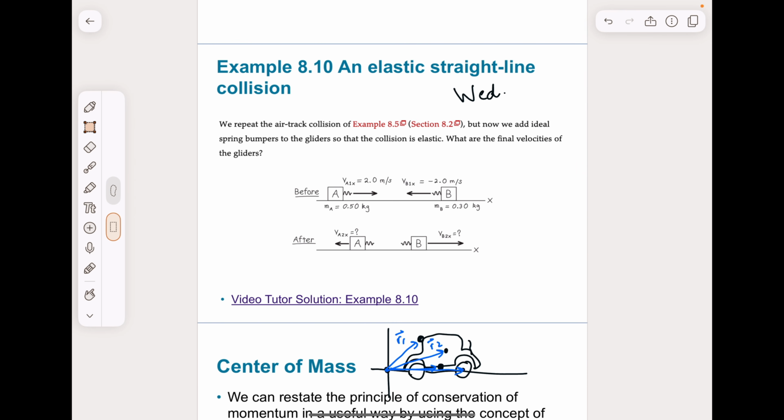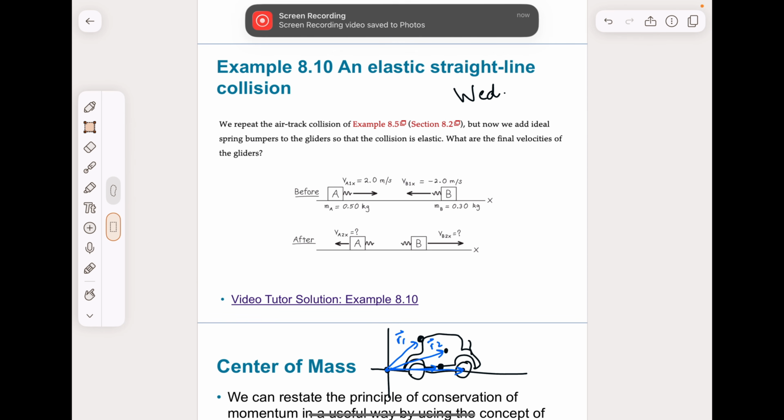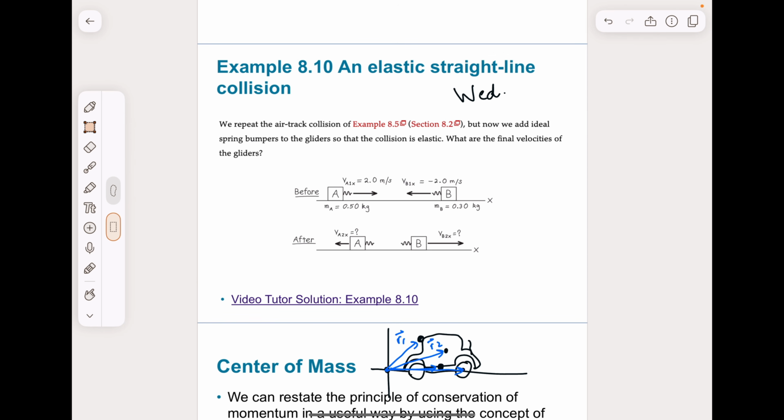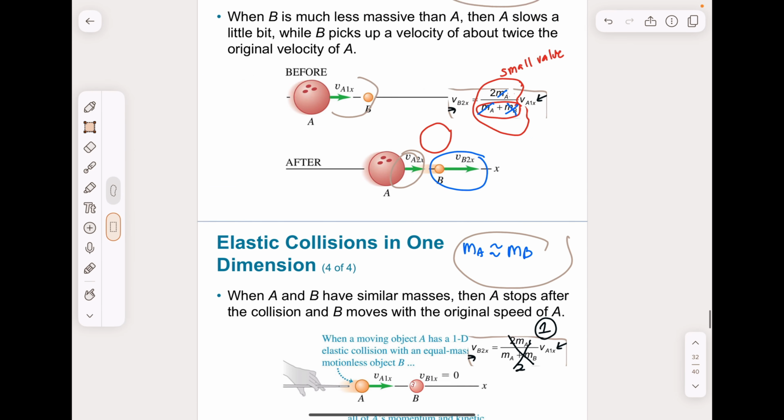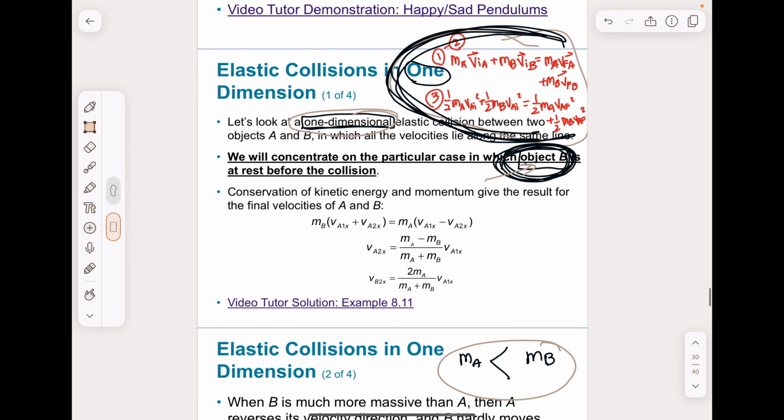So we're going to do an elastic collision problem now, and you might recall that there are some special equations that can be used to solve elastic one-dimensional problems. So let's scroll up and recall those. Two of them are listed right here.